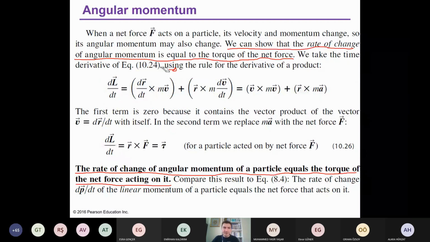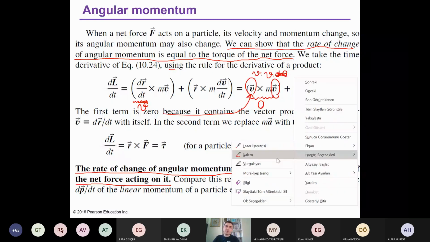Here we have dr over dt, the time derivative of the position. What is this? The time derivative of position is velocity, right? Then just put this velocity here. We have velocity here and velocity here. If we have a cross product here, this result will be 0, because in the cross product we have v times v times sine 0.